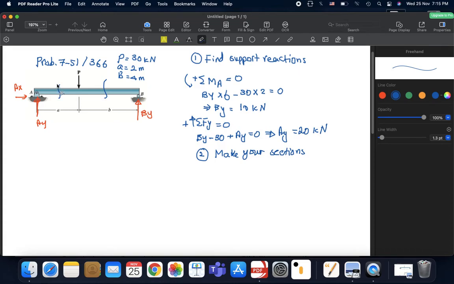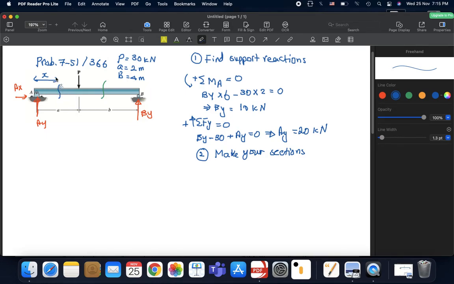So now, the first section, I will just change the color. Here, this distance is x. You just name it x, whatever you like.